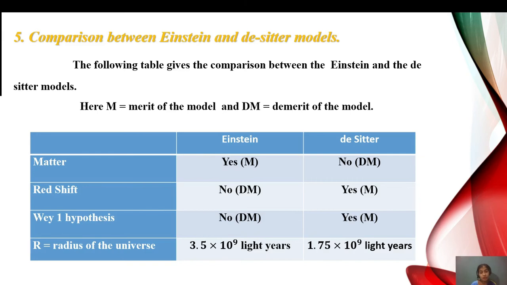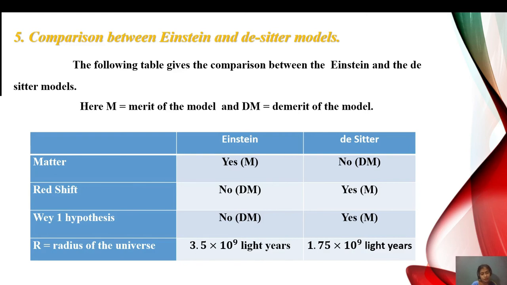What is the Hubble hypothesis? The Hubble hypothesis shows, for the actual universe, that for a nebula, that is a point source of light, when any source starts at the center, that is r equals 0, and travels some distance, the red shift is always directly proportional to the distance, meaning the red shift depends only on the distance. This is proved as the Hubble hypothesis in the de Sitter universe, not in the Einstein universe. This is the merit of this model.